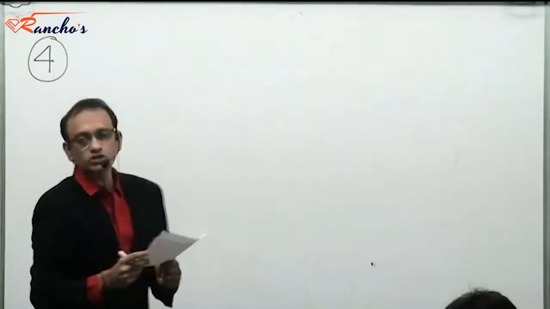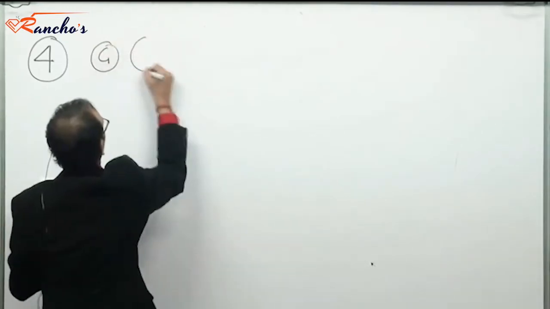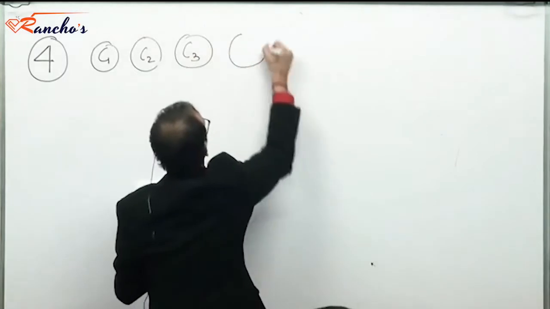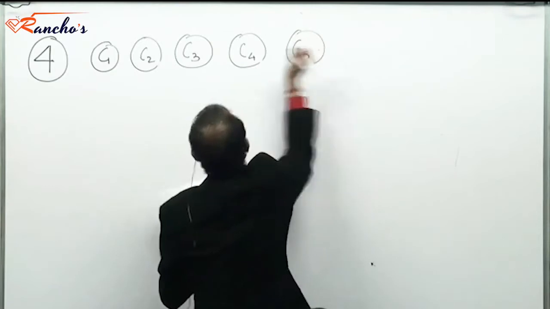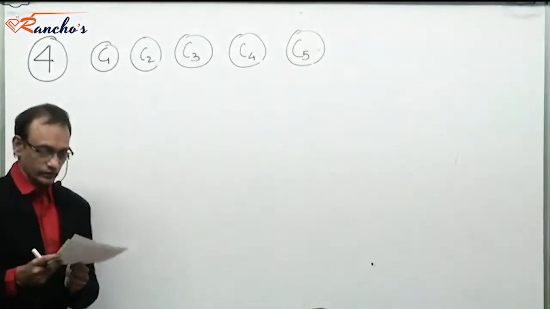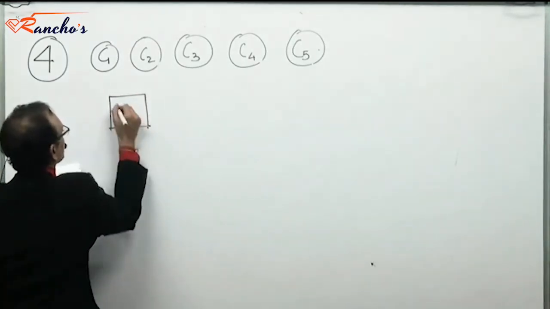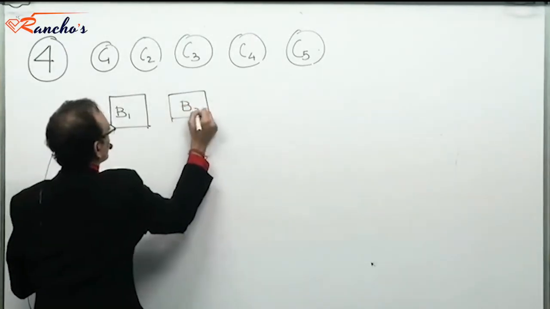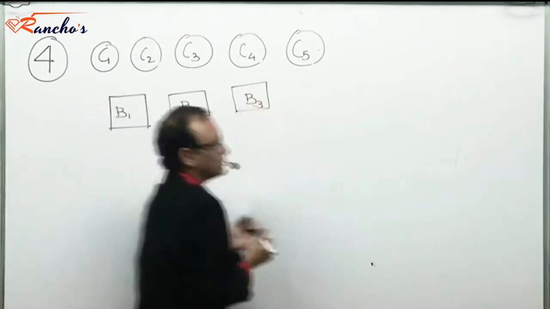5 balls of different colors. And there are 3 different boxes, B1, B2 and B3.